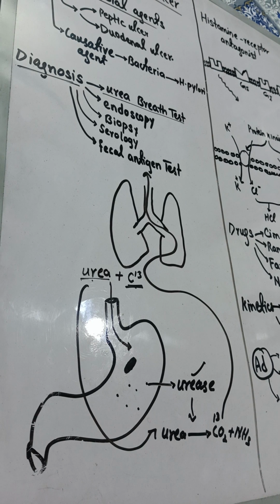If the isotope carbon is not released, it means the patient has no ulcer due to bacteria. So this was the method used for detecting whether a patient has ulcer due to bacteria or not. Now, in order to give antimicrobial agents, we will use a combination. We will never give an antimicrobial agent alone to that patient.